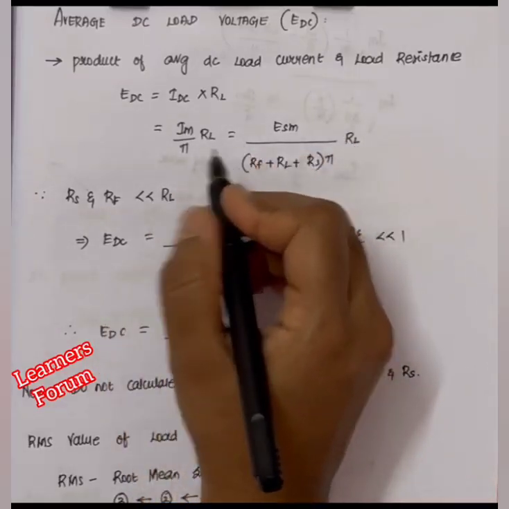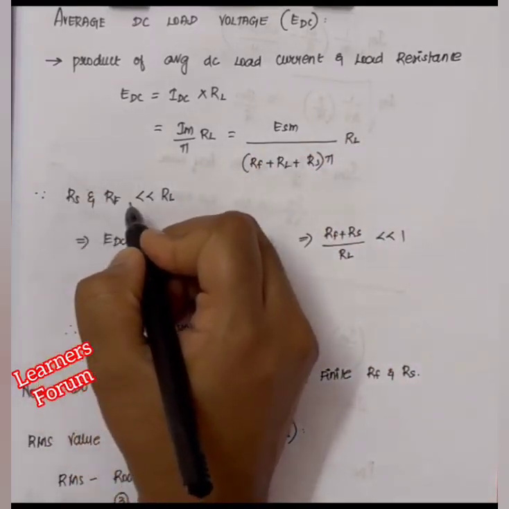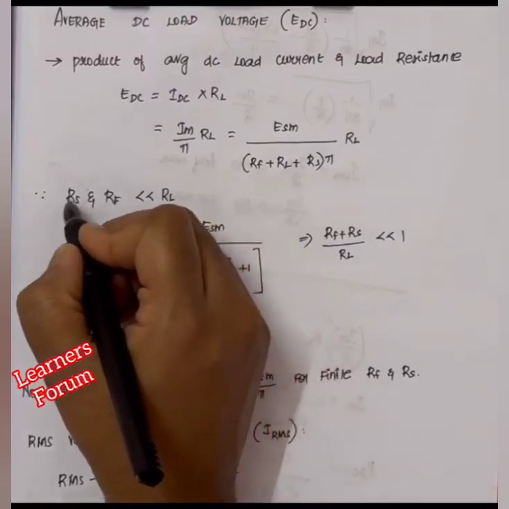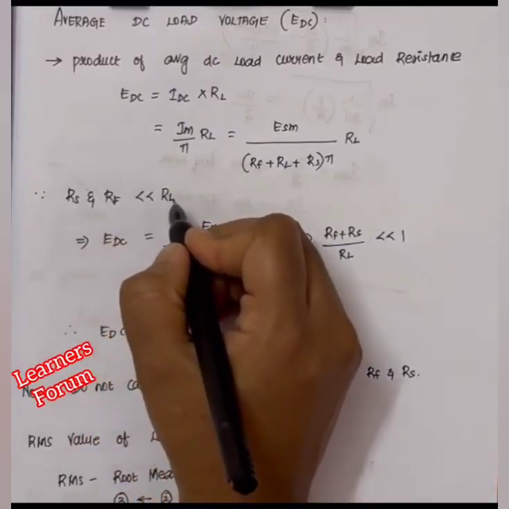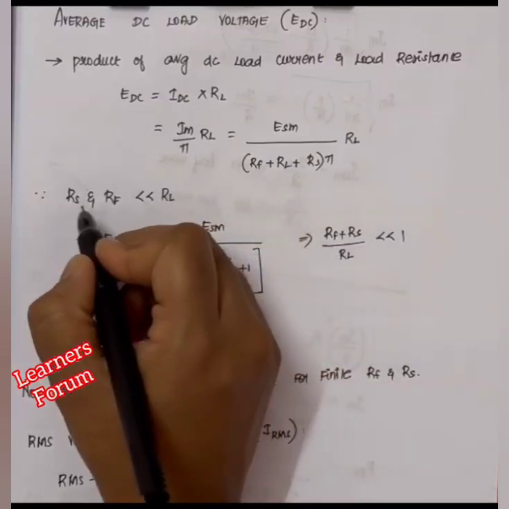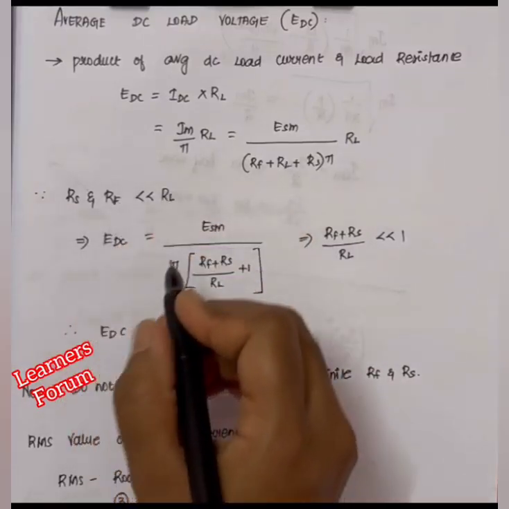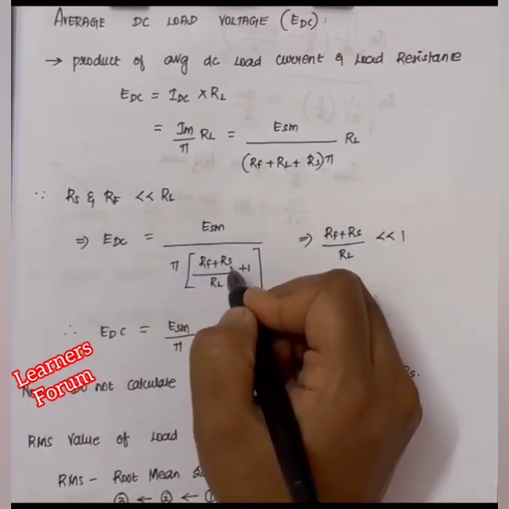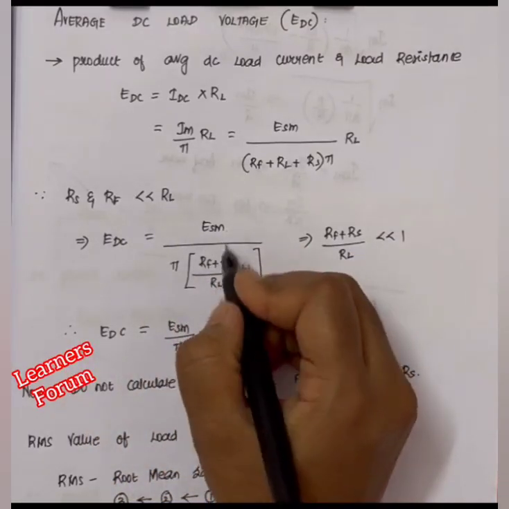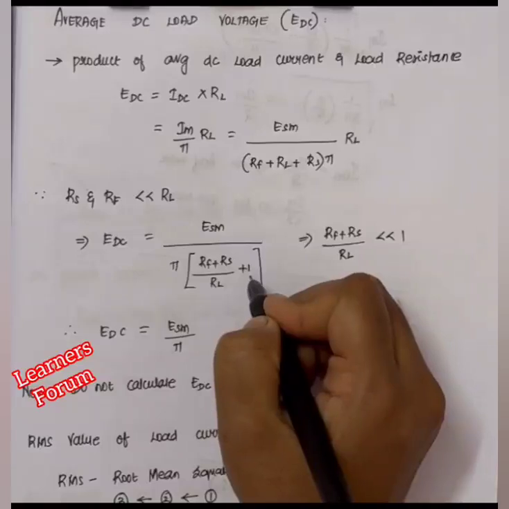In this condition, the source resistance and RF, that is the secondary winding resistance and forward resistance, will be very much less than the load resistance RL. Using this condition, we can further simplify the value of EDC as ESM divided by pi into RF plus RS divided by RL plus 1.